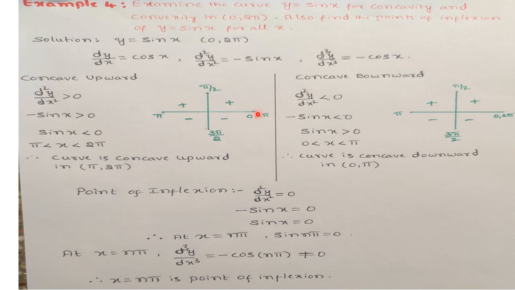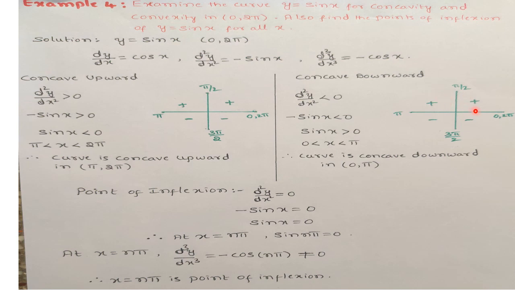Okay. Next, concave downwards. Condition is d square y by dx square is less than 0. d square y by dx square is minus sin x. Minus sin x is less than 0, or you can write this as sin x is greater than 0. In which quadrant is sin x positive? Sin x is positive according to the A, S, T, C rule in the first and second quadrant.